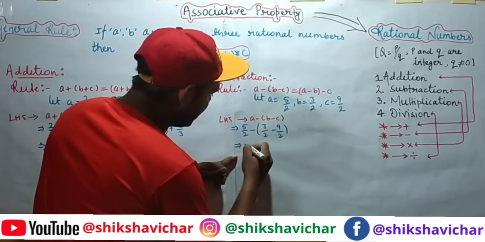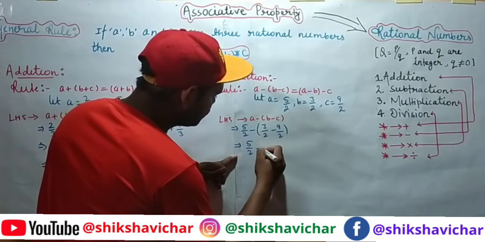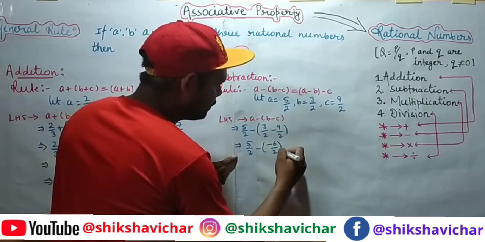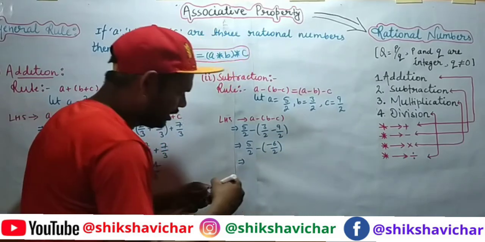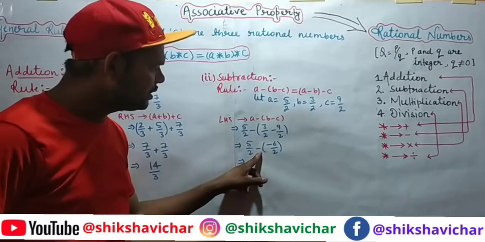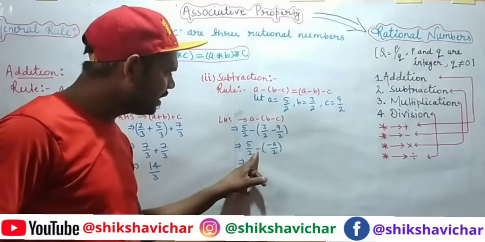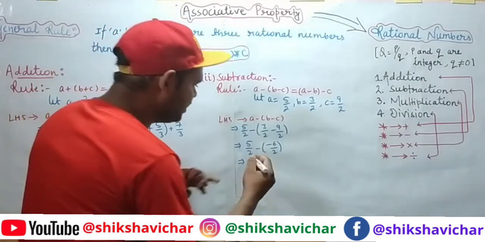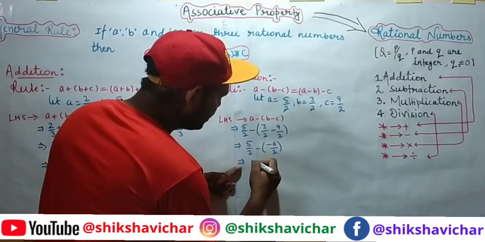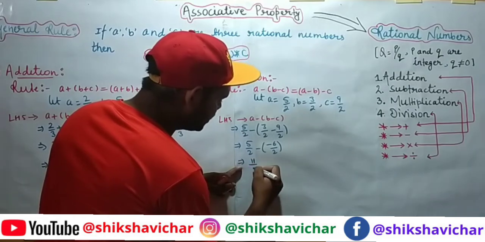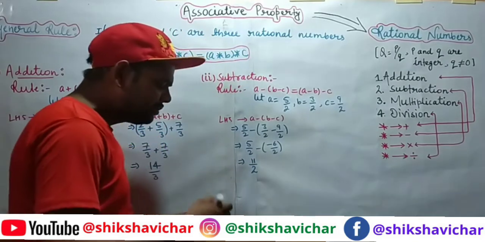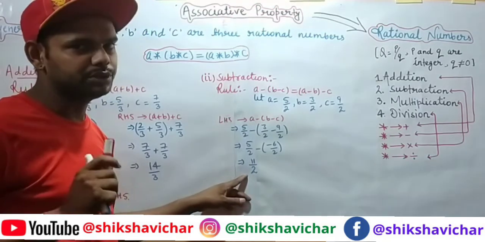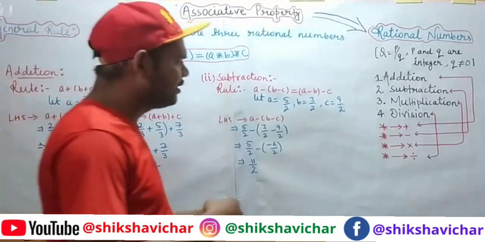We will solve it and we will get 5 upon 2 minus (3 minus 9), that is minus 6 upon 2. Again we will solve it. Now see, there is minus, there is also minus. This minus and this minus will combine into plus. That means 6 plus 5 would be 11 and this would be 2. That means the value of left hand side is 11 upon 2.